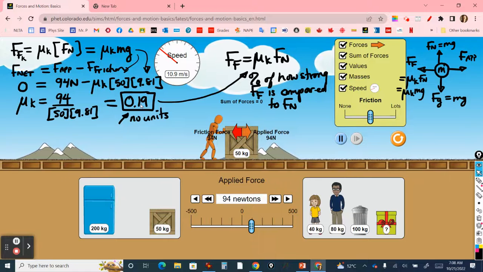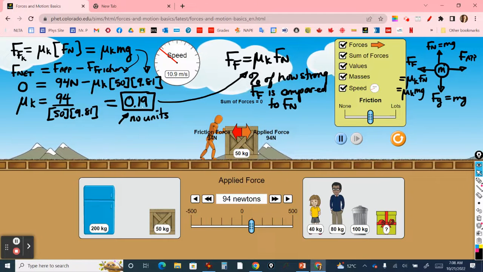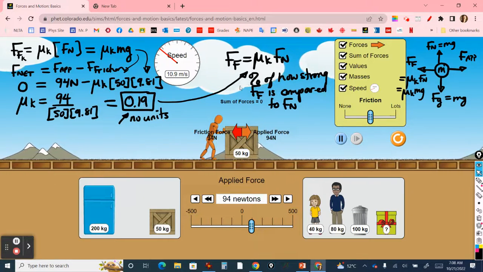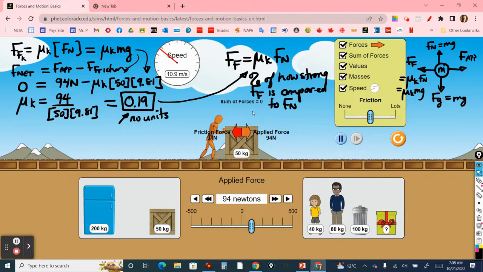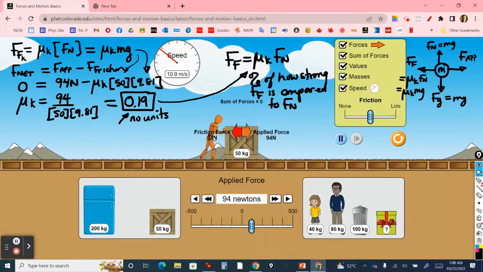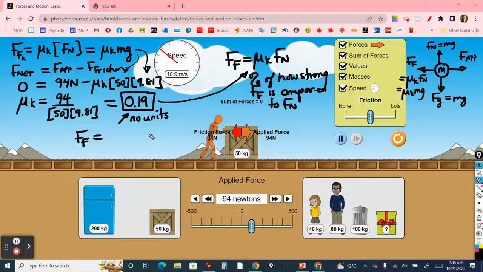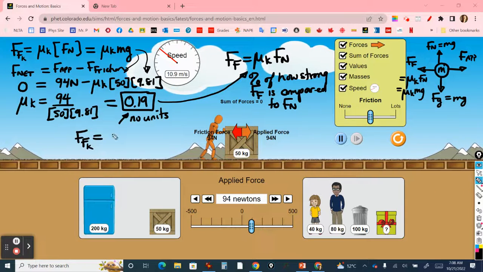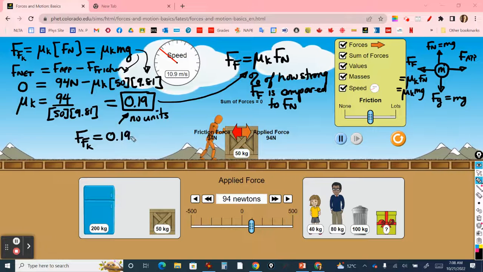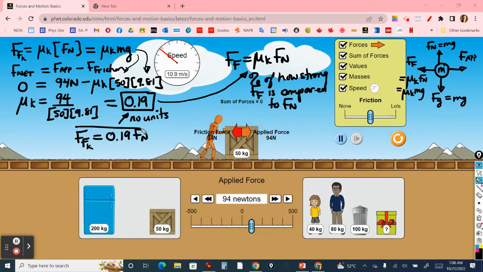People always ask me, like, what are the units for your coefficient of friction? There are no units. It is a percentage comparison. So you would have the force of friction in this particular case, and it's going to be kinetic friction, is 0.19 times Fn.